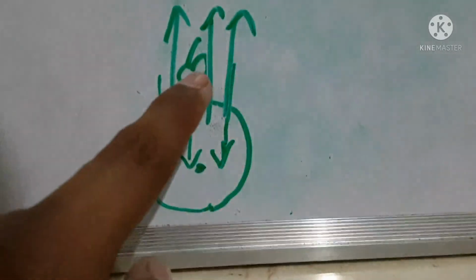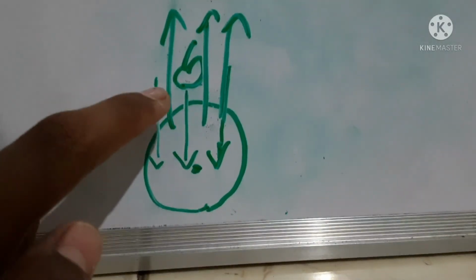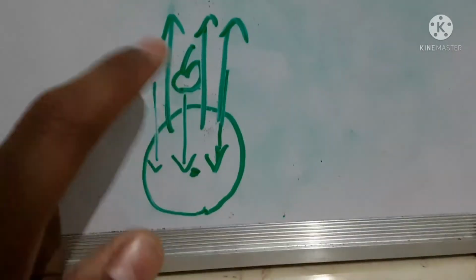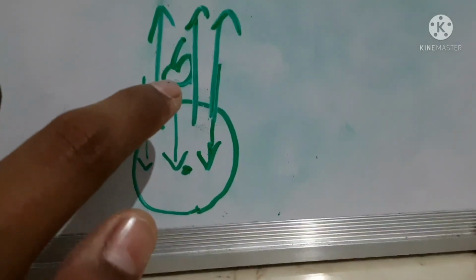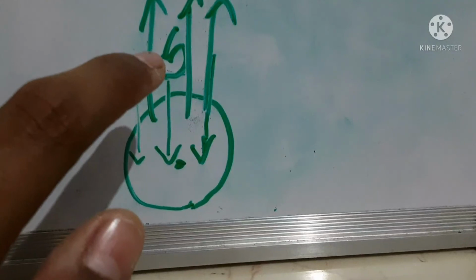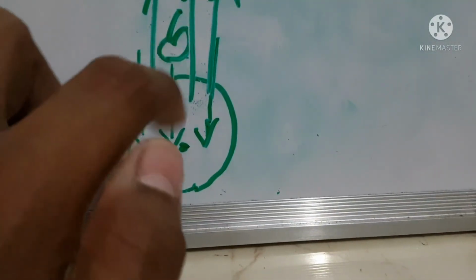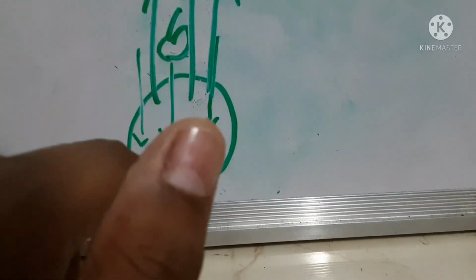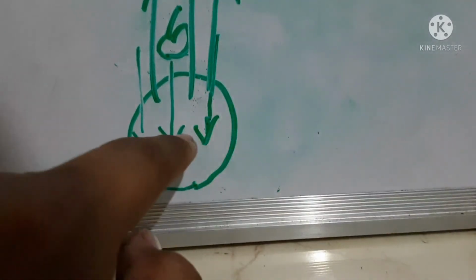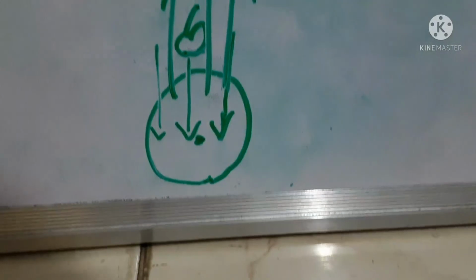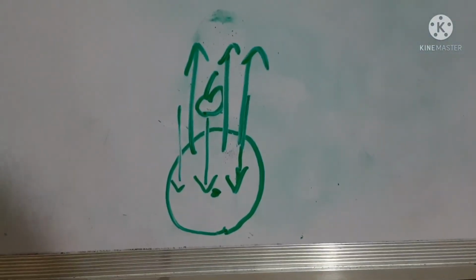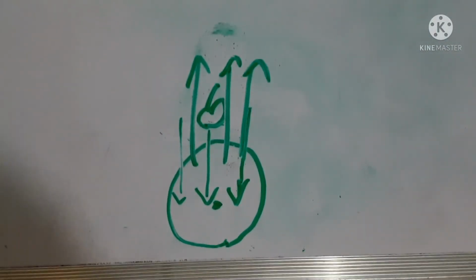But the apple, as it has less mass, has less inertia, and so it wants to accelerate. It wants to come down towards the center, towards the earth, and so the apple moves towards the earth, not the earth towards the apple. It's impossible, as we know.